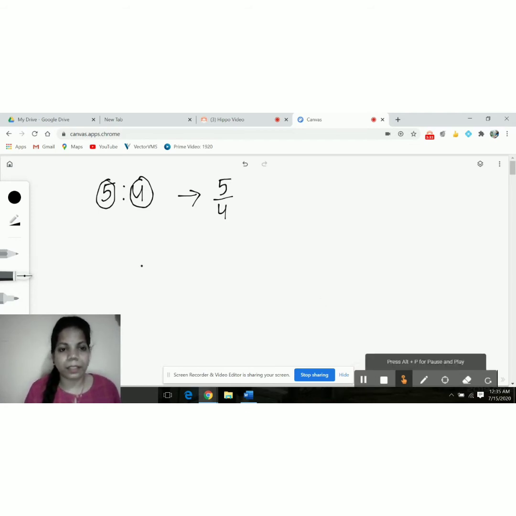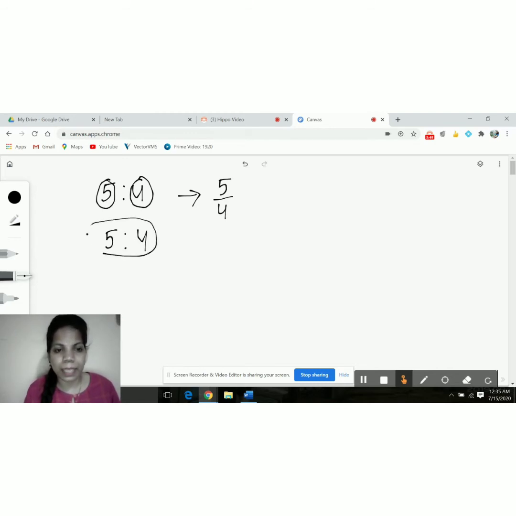The next point here is, let us take the same ratio, if the two terms of the ratio are multiplied or divided by the same non-zero number, then the ratio remains unchanged. Let us see an example for this. Now I am multiplying 5 with 100 and 4 also with 100.